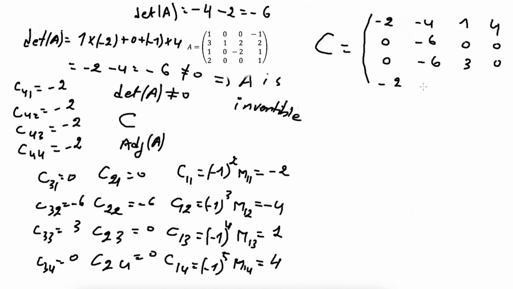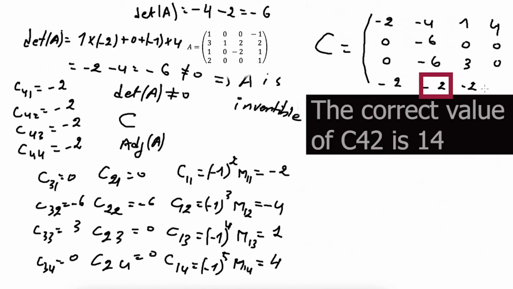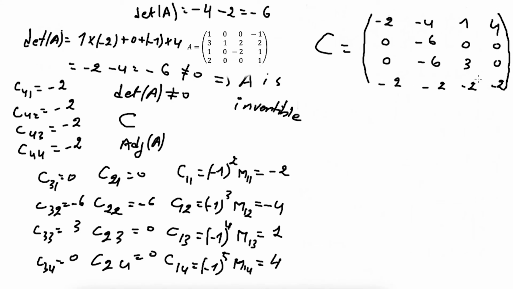All of them are minus 2, so minus 2 here, and minus 2 here, and minus 2 here. So this is the cofactor matrix.